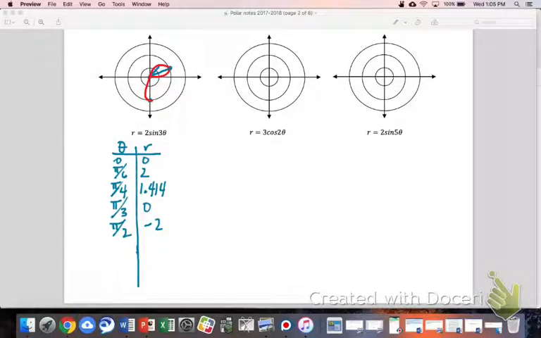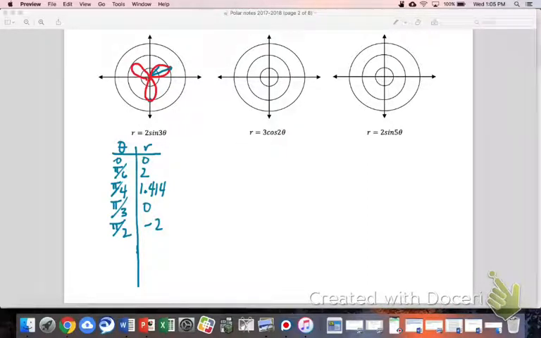And then, of course, you could plot some of those second quadrant angles, and you'd find that this continues to be developed here, and eventually you'd get around to here and finish that last petal. So all that's really happening here is as you rotate around the graph, the radius is changing lengths, and as it gets longer, you're going to get out towards the end of a petal. As it gets shorter, you're going to get closer, and so on and so forth.